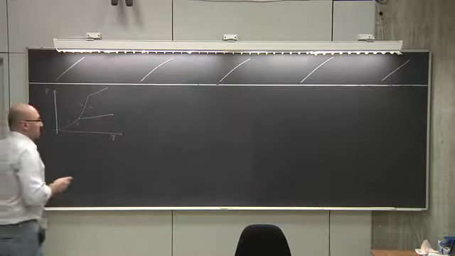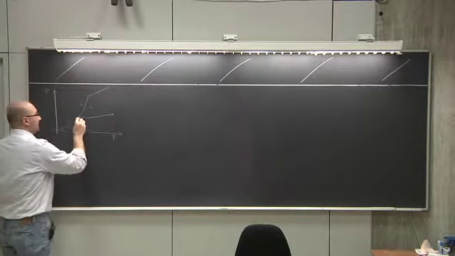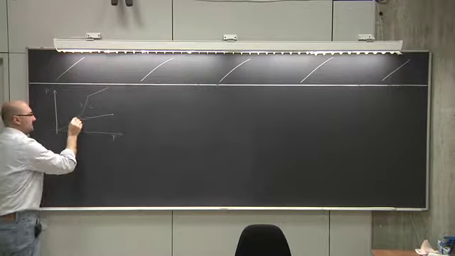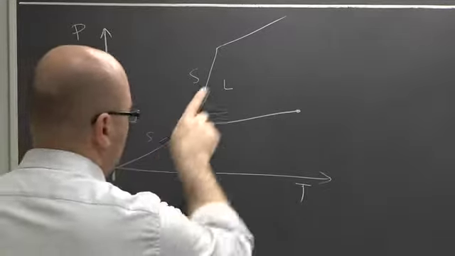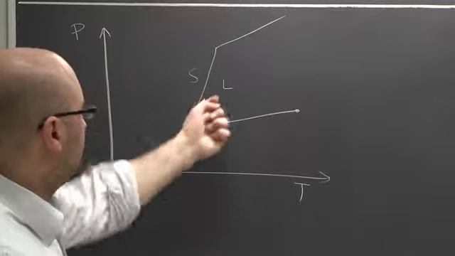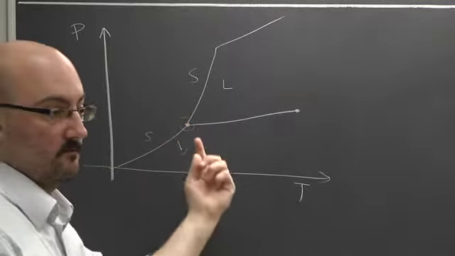So in fact, this is a critical point of coexistence around which, depending on how you approach the point, you can get liquid or vapor.